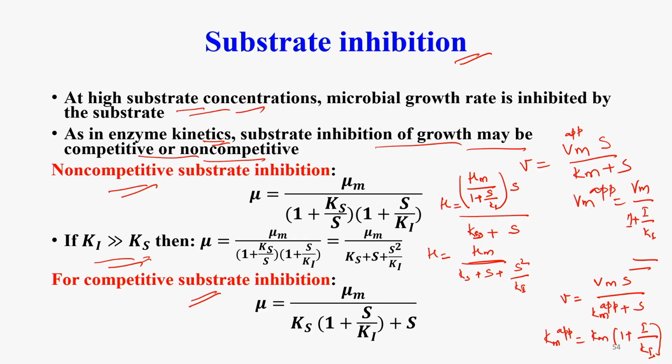Similar to this, the expression for the competitive substrate inhibition will be mu equals mu max S upon Ks times 1 plus S upon Ki, plus S. So, the value of Ks apparent has increased, similar to the Km apparent. In the non-competitive case, the value of mu max is decreased.